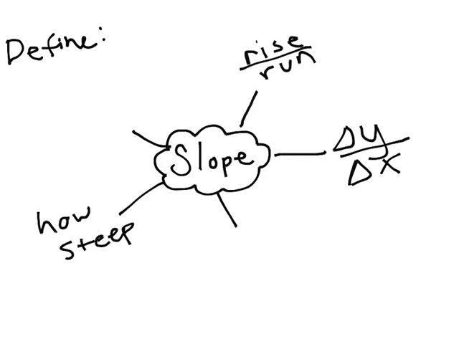Another way to write this is y2, or y final, because that's what delta is, y final minus y initial, so y2 minus y1 over x2 minus x1. And also, we can think of this as how quickly something changes.